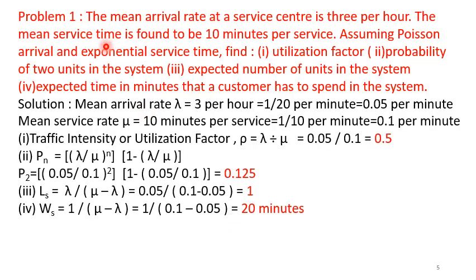Let us take a problem. The mean arrival rate at the service center is 3 per hour. The mean service time is found to be 10 minutes per service. Assuming Poisson arrival and exponential service time, find the utilization factor, probability of 2 customers or 2 units in the system, expected number of customers or units in the system, expected time in minutes that a customer has to spend in the system.